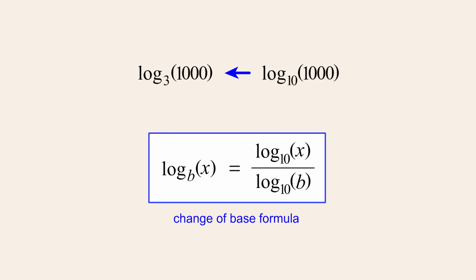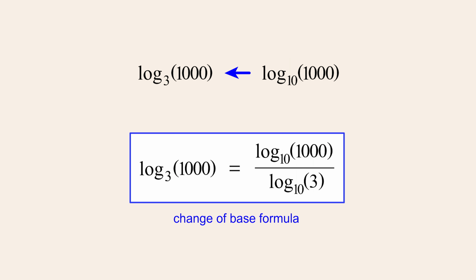The subscript b is the new log base 3, and x is the logarithm's input variable 1000. So we can now use this change of base formula to convert the base 10 log of 1000 to the base 3 log of 1000.